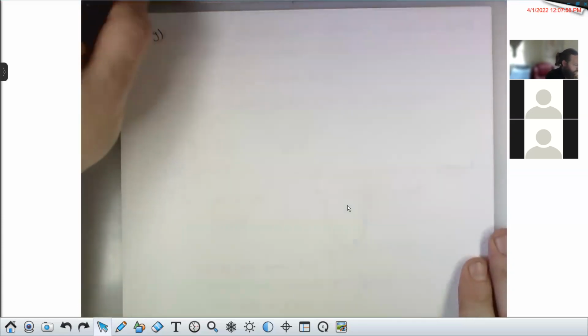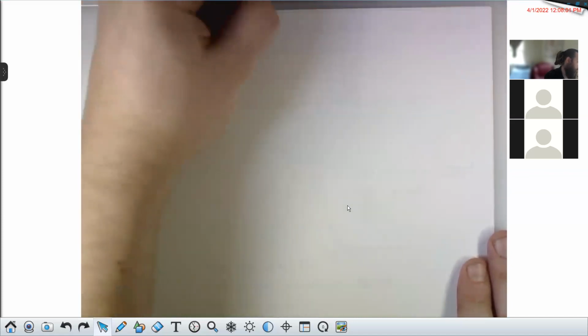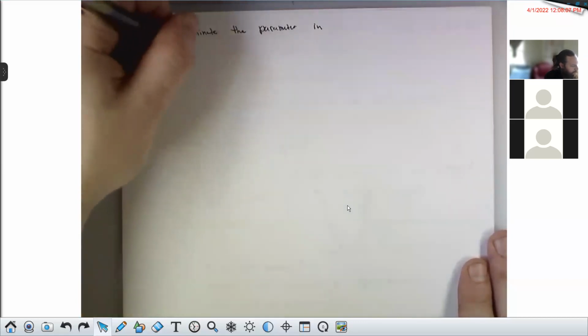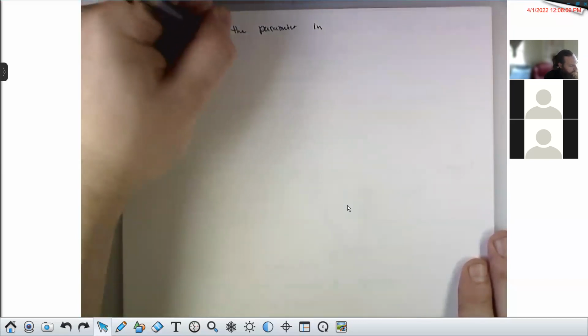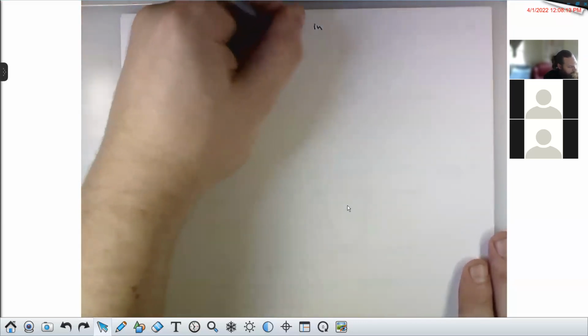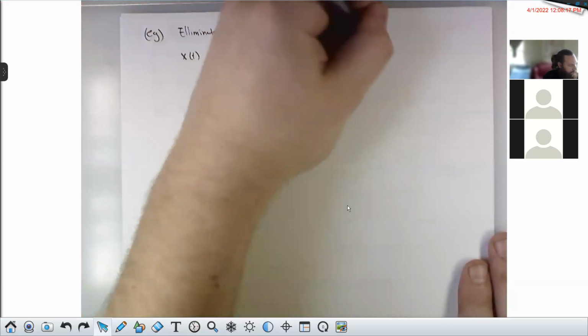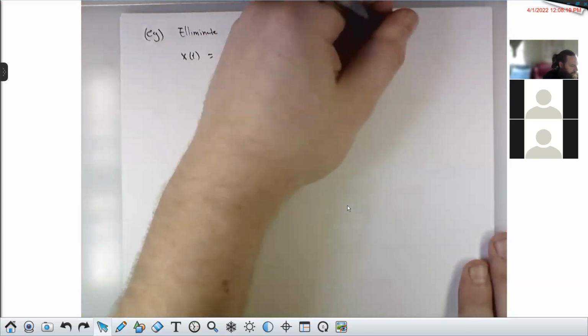So, last example for the day. Eliminate the parameter in our parametric ellipse. x of t equals 2 cos t, y of t equals sine of t, where 0 is less than or equal to t is less than or equal to 2 pi.